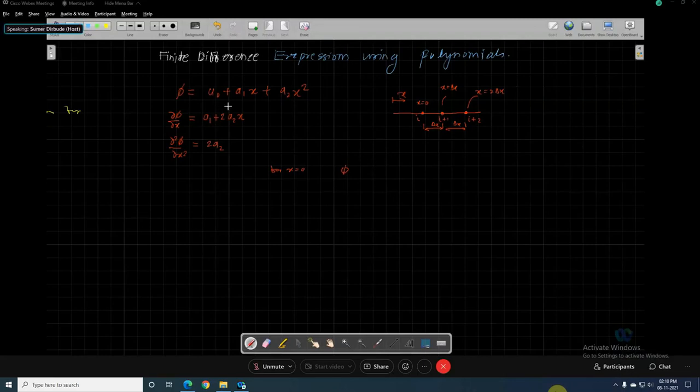And we are willing to get a forward difference, so we are taking forward points. Okay. So we'll get a forward difference expression for this del phi by del x.